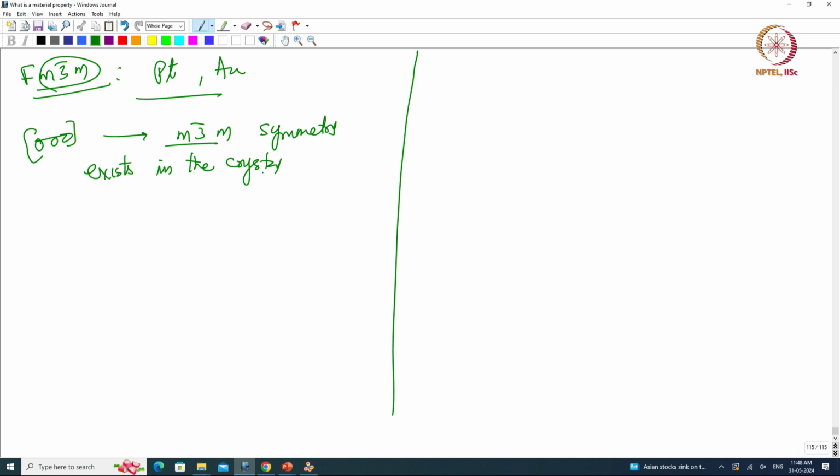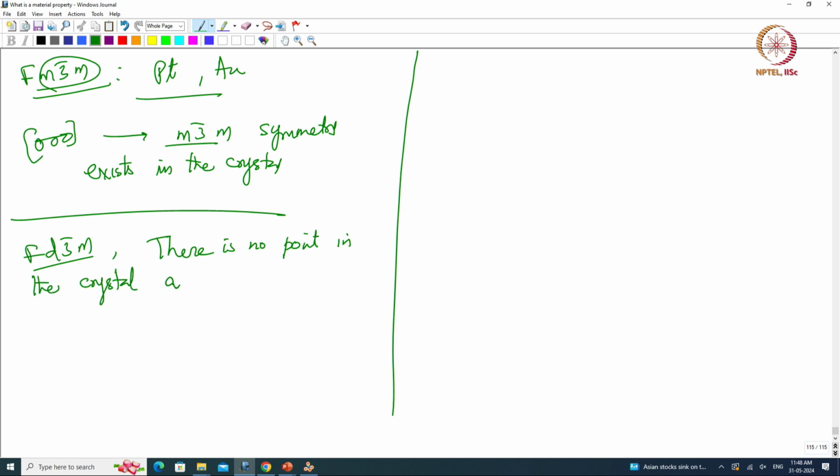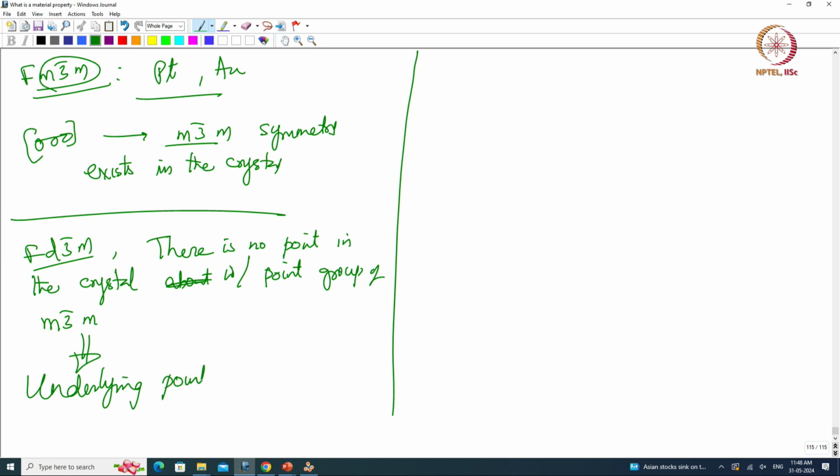and the underlying point group is also M 3 bar m, whereas in FD 3 bar m there is no point in the crystal about which there is a point group of M 3 bar m. This is despite the fact that the underlying point group is still M 3 bar m.